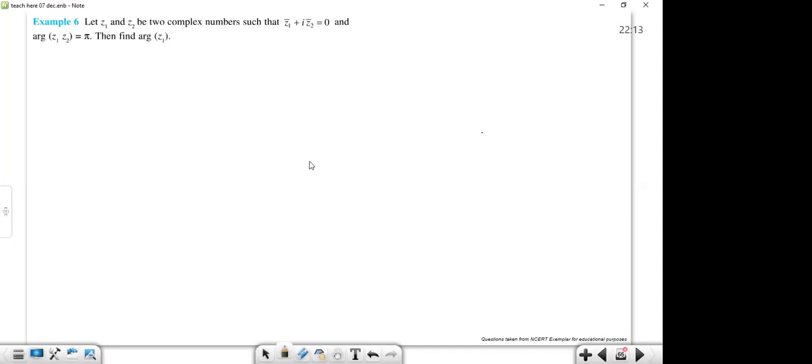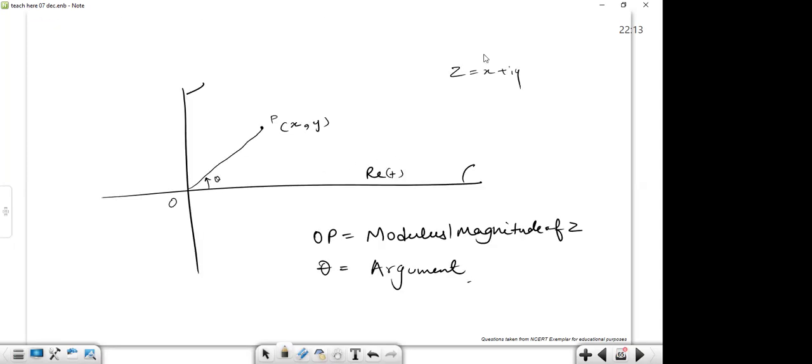Okay. So let me revise finding the argument. First, we'll find alpha, which is tan inverse of modulus of y over x. If the complex number lies in the first quadrant, meaning x is positive and y is positive, then theta equals alpha. If it is lying in the second quadrant, meaning x is negative and y is positive, then theta equals pi minus alpha.